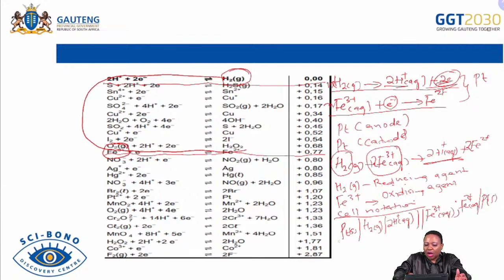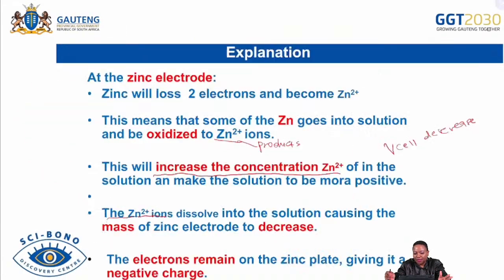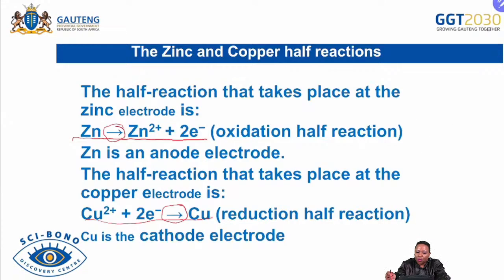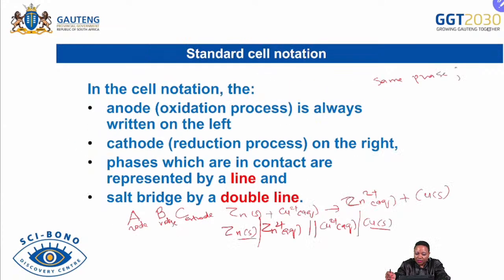So we can see that in our cell notation, our 2 electrodes are represented by platinum, because the 2 half cells didn't have any surface to react on, therefore we provided platinum.